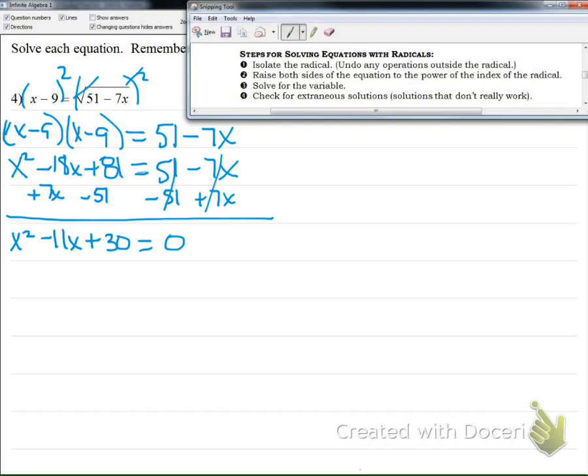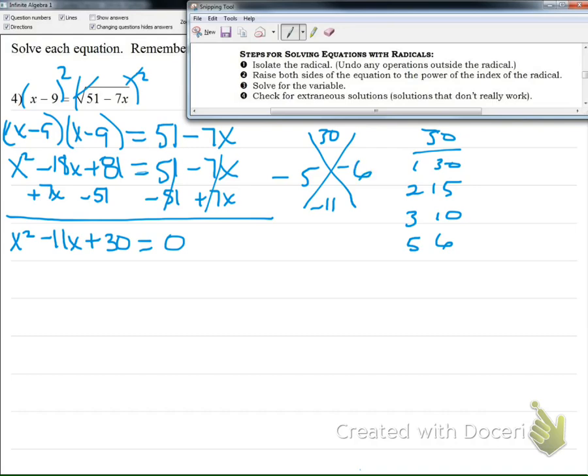Now that we have a quadratic, we need to use our x factor. C goes on top, b goes on bottom. Because you have a positive over a negative, we know the 2 numbers that we need both have to be negative. Factors of 30 that add to 11. Let's see, 1 and 30 doesn't work, 2 and 15 doesn't work, 3 and 10 does not, but 5 and 6 does. 5 plus 6 equals 11.